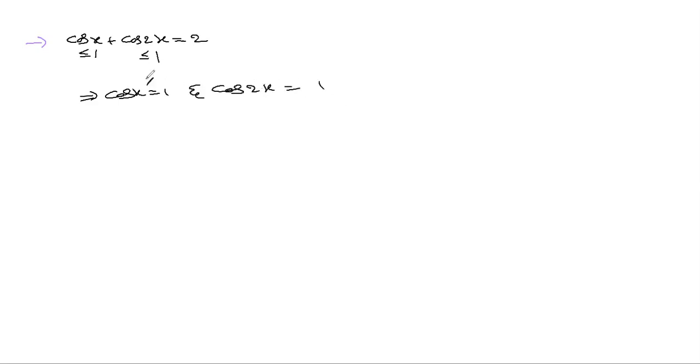Whenever this is happening, let us check whether this is true or not. Consider cos 2x. We can write this as 2 cos^2 x minus 1. So this is 2 times cos^2 x. cos^2 x means 1 squared minus 1, nothing but 2 minus 1, it is 1.